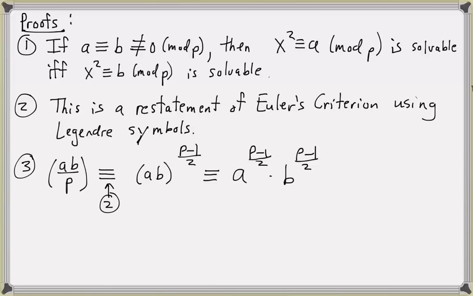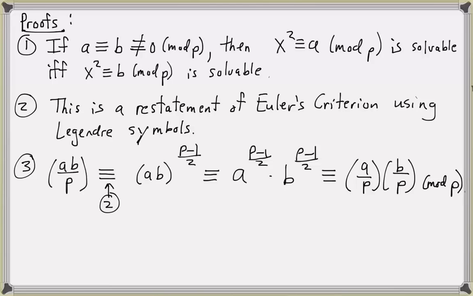And again, using property 2, these are congruent to (a/p) and (b/p) mod p. So look at this chain of congruences. (ab/p) is congruent to (a/p) times (b/p) mod p.